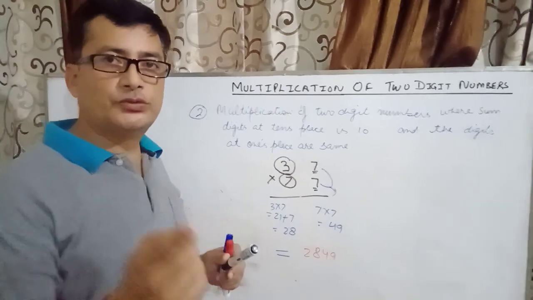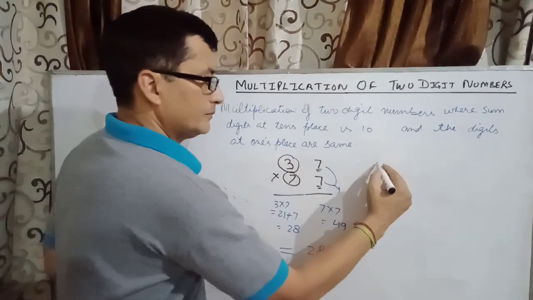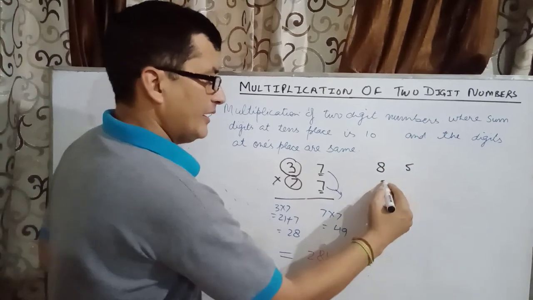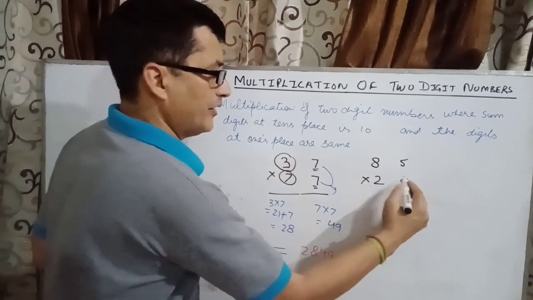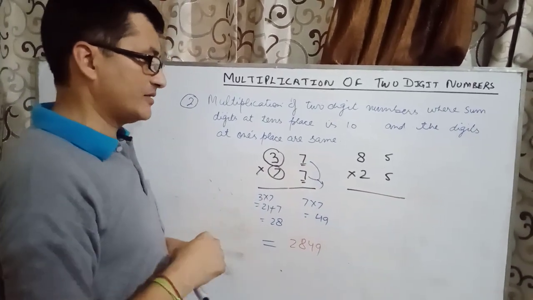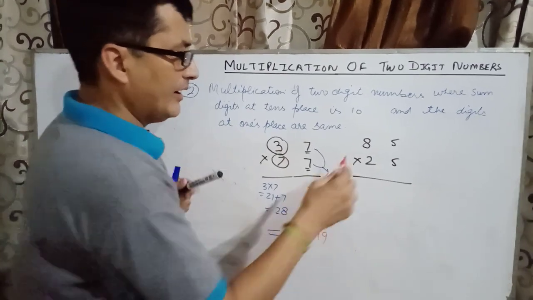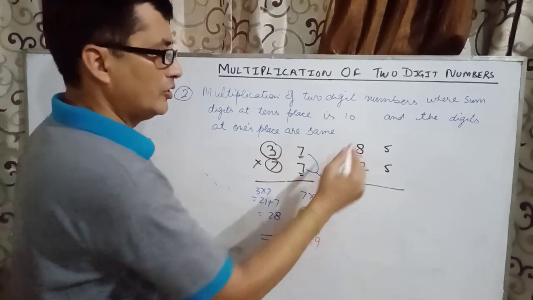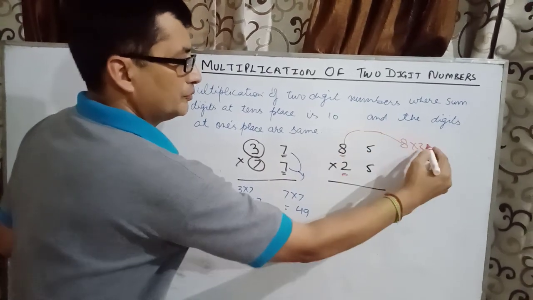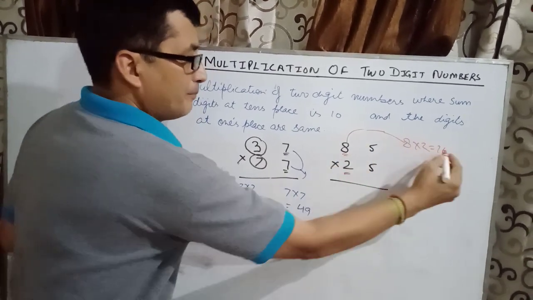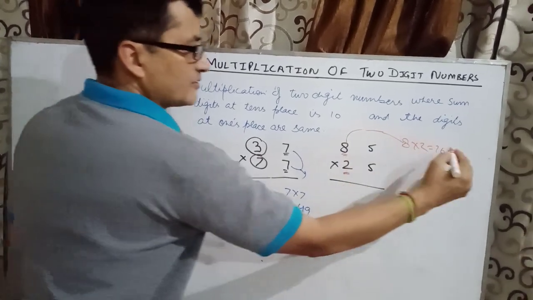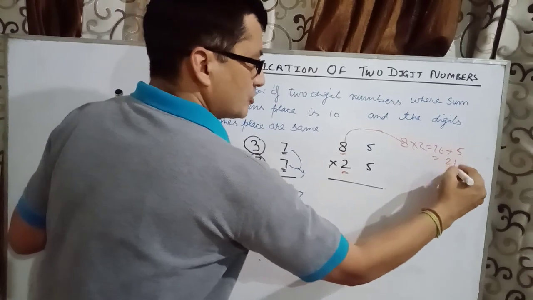Students, I'll show you one more example. 85 into 25. Students, here the digits in the tens place are 8 and 2. So what do we do? 8 into 2 is 16 plus the digit in the ones place, 5. 16 plus 5 is 21.